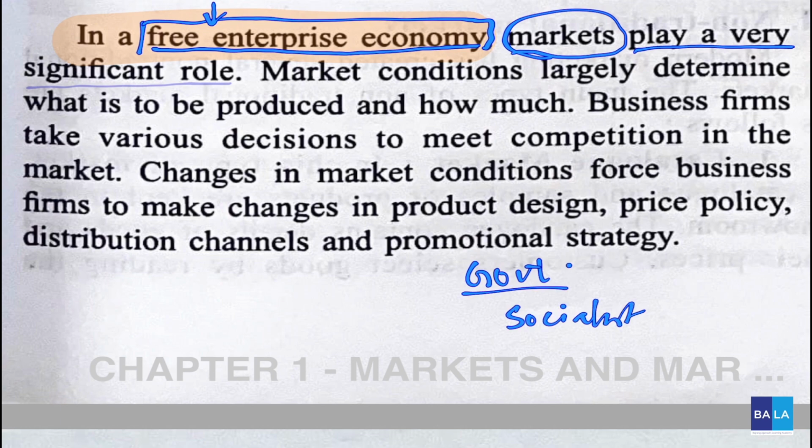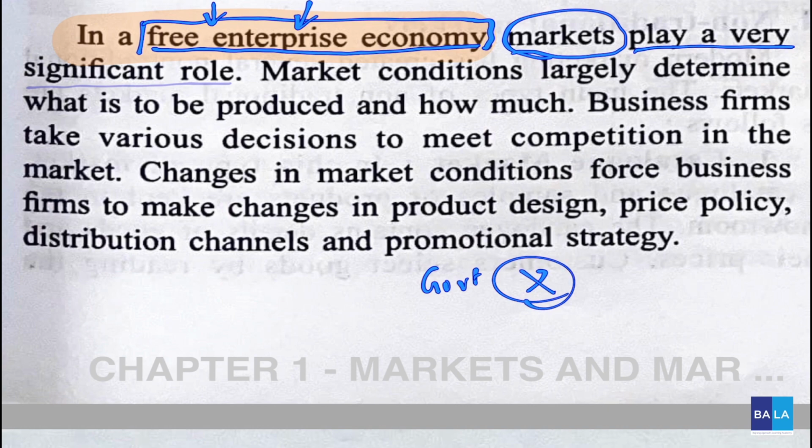In a socialist economy, government has the responsibility to produce as well as sell. In a free enterprise economy, government intervention is nearly zero. Nearly, not exactly, but nearly. Government will play a role in defense equipment.